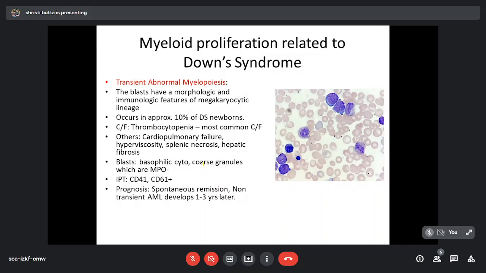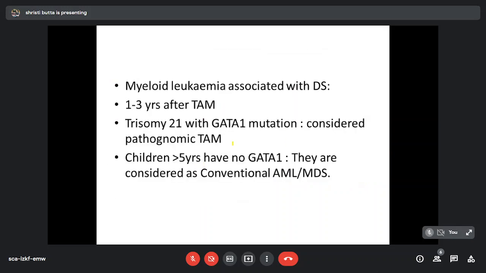Now, such cases, remember, undergo spontaneous remission. However, non-transient AML can develop in such cases after a period of 1 to 3 years. So, myeloid leukemia associated with Down syndrome is the one which usually arises 1 to 3 years after a transient abnormal myelopoiesis.